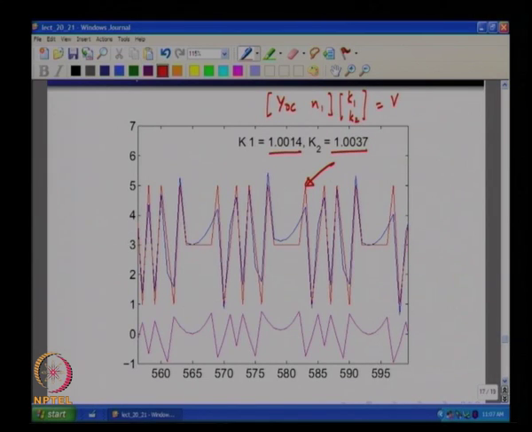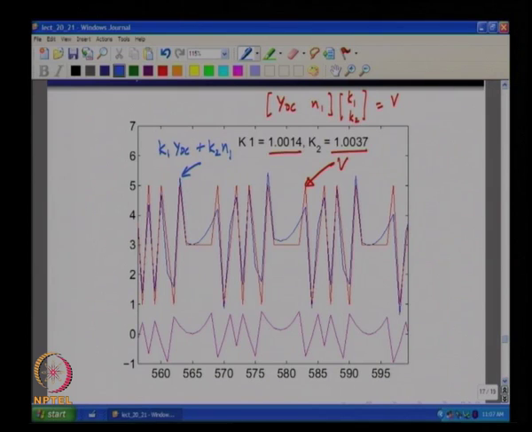Yes, so what might that be? It is the output of the quantizer V. Okay. What is the blue sequence? The blue sequence happens to be K1 times YDC plus K2 times N1.